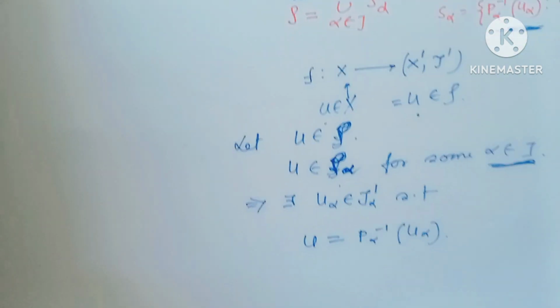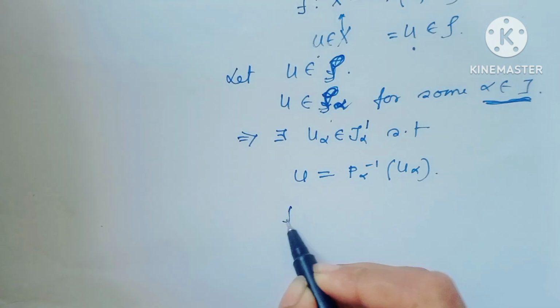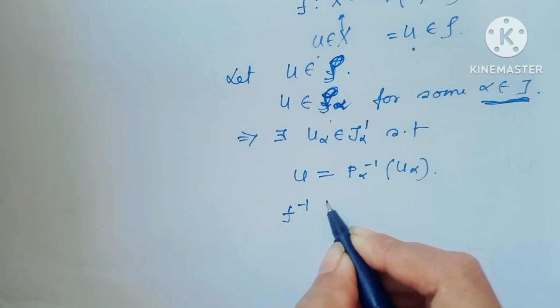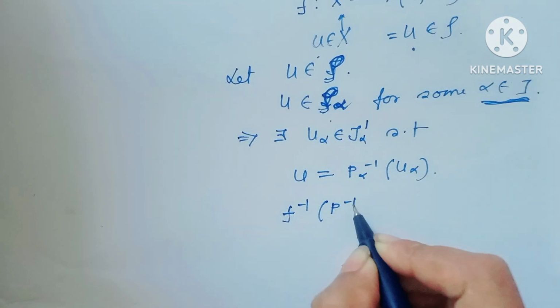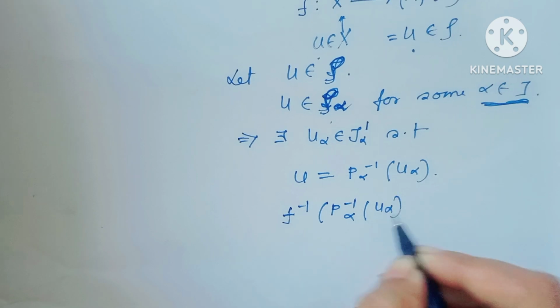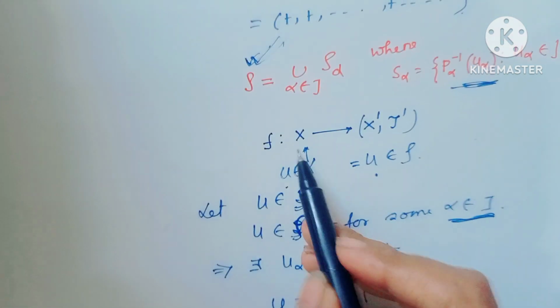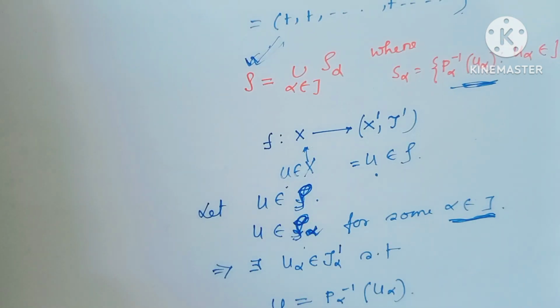To prove: the inverse image of this subbasis open set, that means the inverse image of P_alpha inverse U_alpha, is an open set in X. Here we have to prove this.